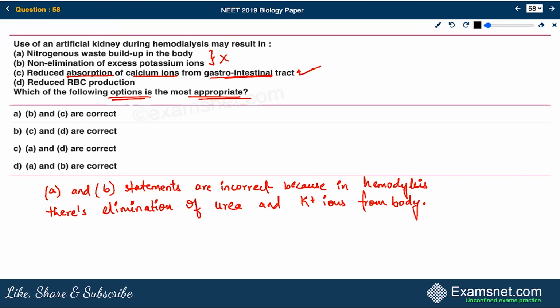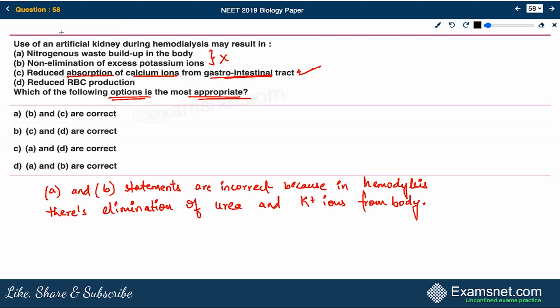And the last is reduced RBC production. Definitely, because there is a reduction in the amount of erythropoietin hormone, and once the erythropoietin hormone is reduced, this is going to result in less production of RBCs also.